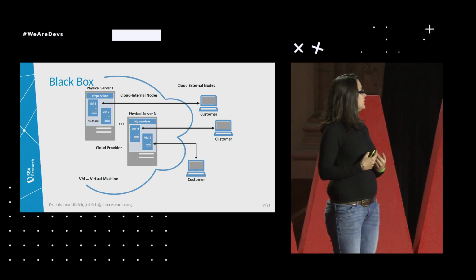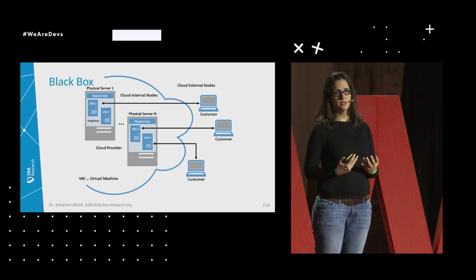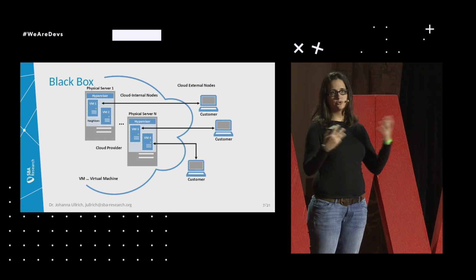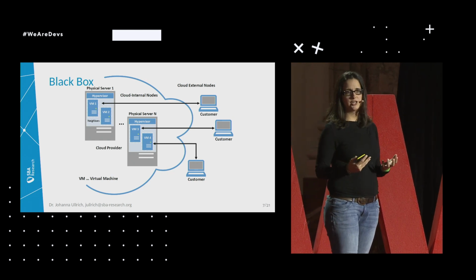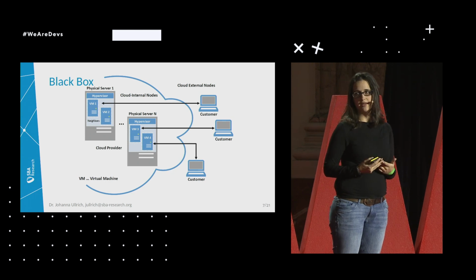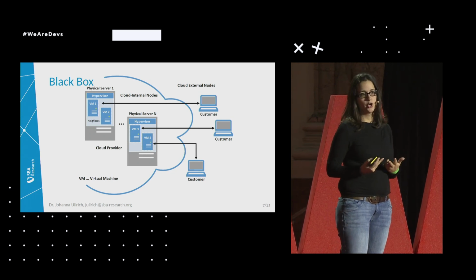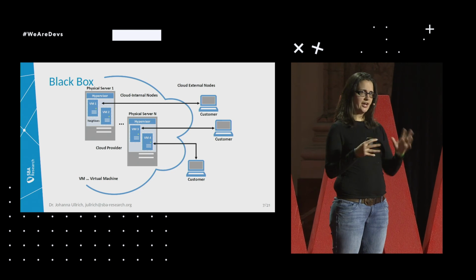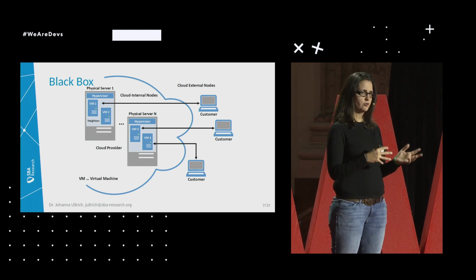So basically, what we see now, that we do not have enough information to plan an attack and to evaluate an attack and do our work. So we had to change our approach.